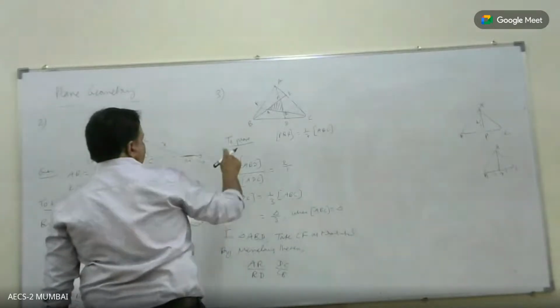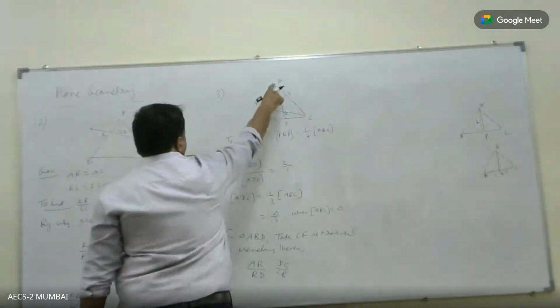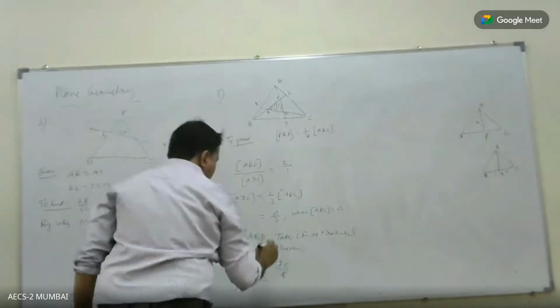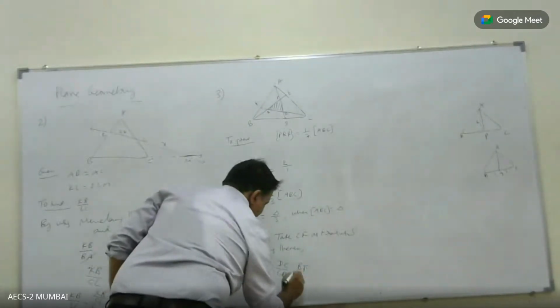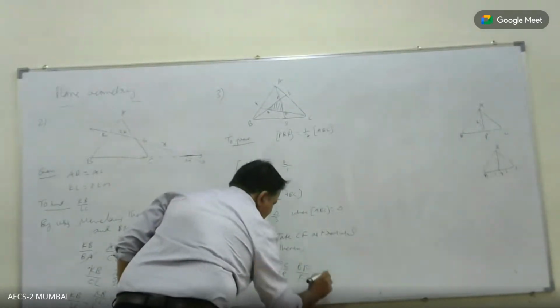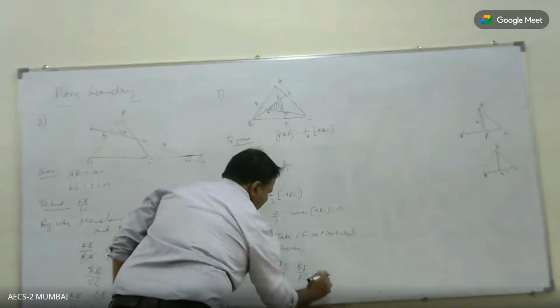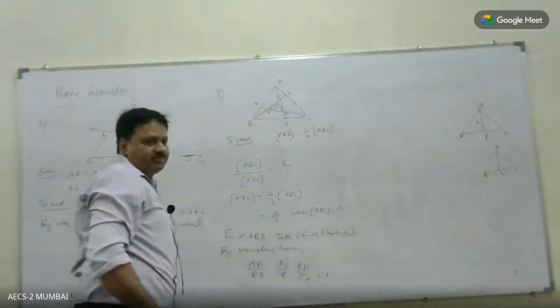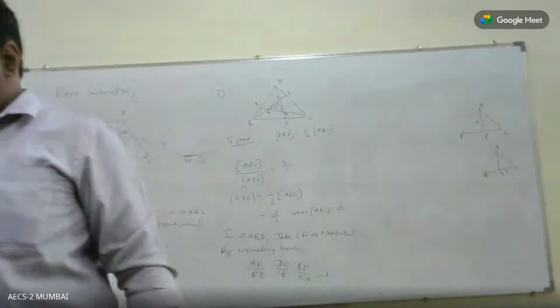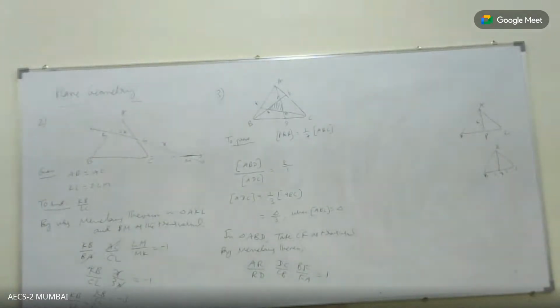What is next? Vertex B. DA is cut at F. BF by FA equal to 1, ignoring the negative sign. We are not focusing on the direction of the line. Just take a minute, go through this. How we write this.